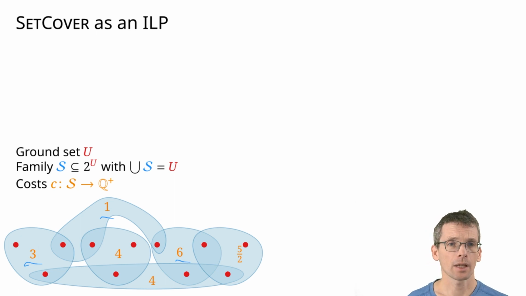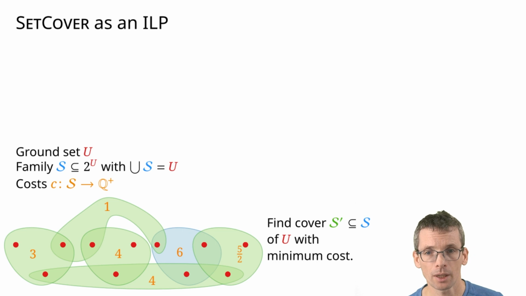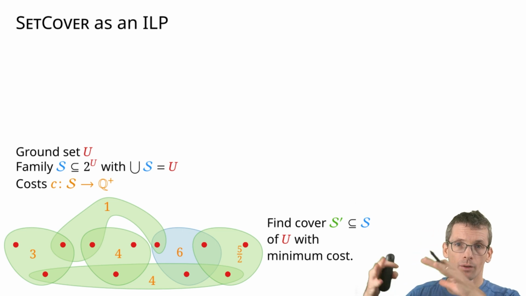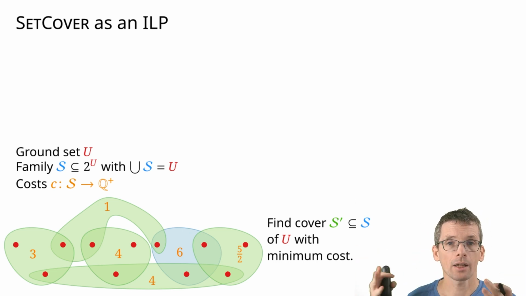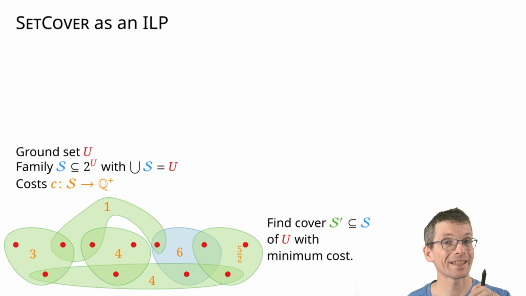And the set cover problem, or the weighted set cover problem, is now the problem of finding a collection of these subsets which together cover the whole ground set, and this collection should have a cost that is as small as possible, and the cost is the sum of the costs of the sets that I collect or choose.